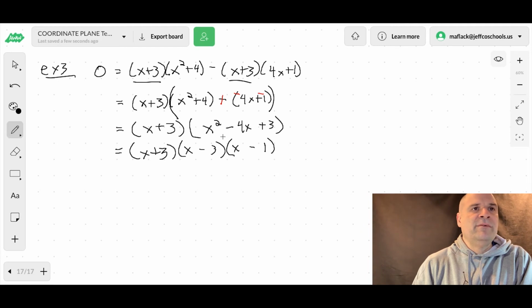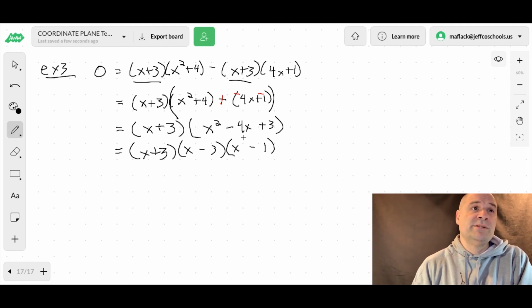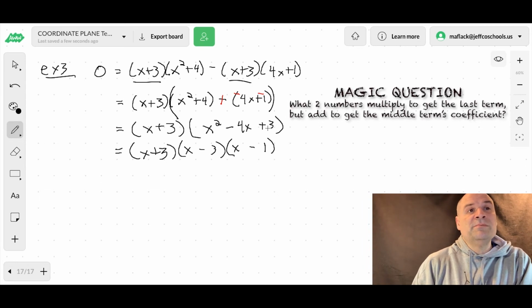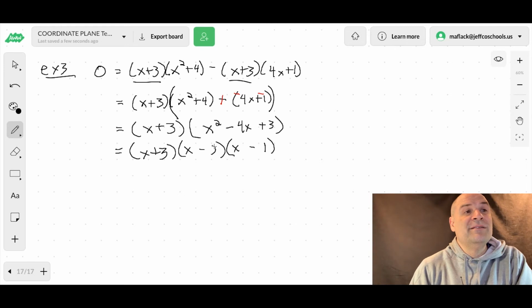When you have a trinomial with no coefficient, the magic question is, what two numbers multiply to get the last term but add to get the middle term's coefficient? It's kind of like a riddle. -3 times -1 is +3, but -3 plus -1 is -4.